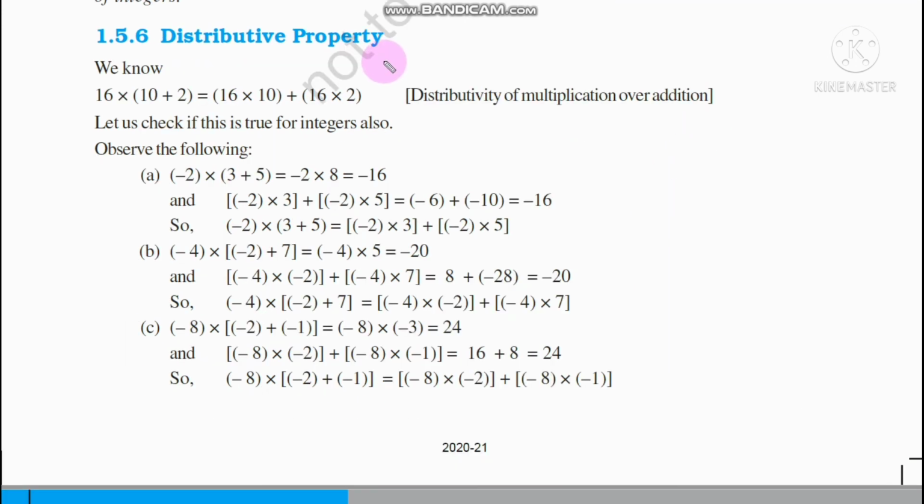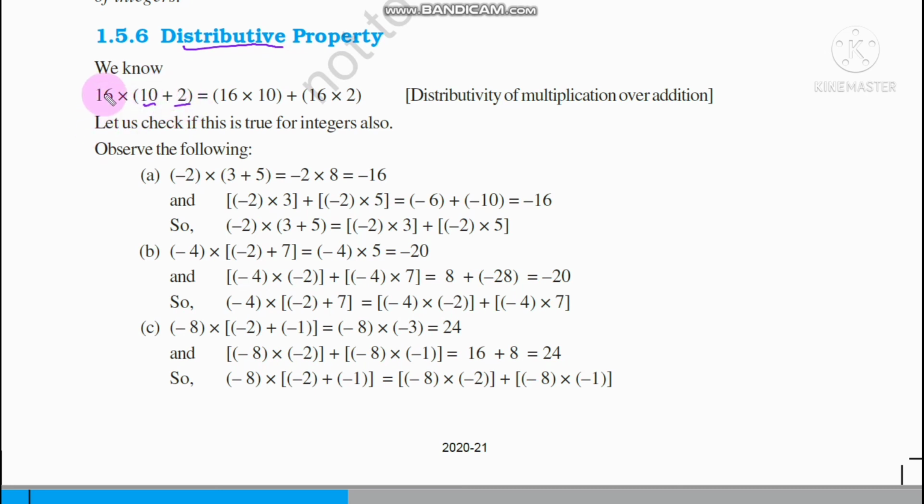So next property is distributive property. See here, children, in the name itself we can observe the word distributive. That means here we are distributing the integer to the other integers. Look at the first example here, 16 into (10 plus 2). So here we have to distribute 16 to 10 and 2.